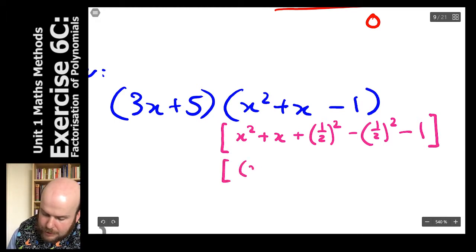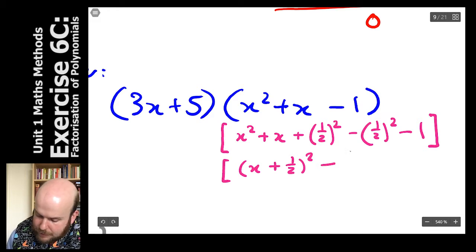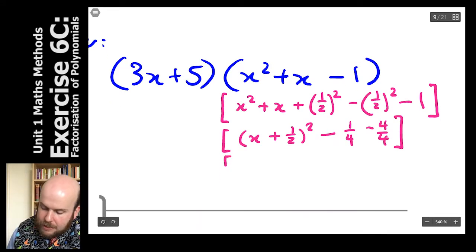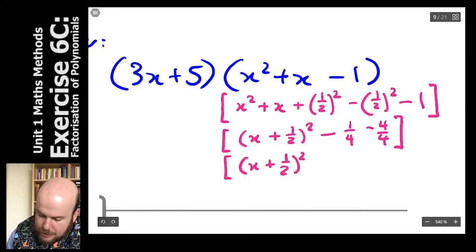And then this will become x plus a half squared minus a quarter minus 4 on 4. I've just turned that minus 1 to minus 4 on 4. So that becomes minus 3. Oh no, it doesn't. It becomes minus 5 on 4.